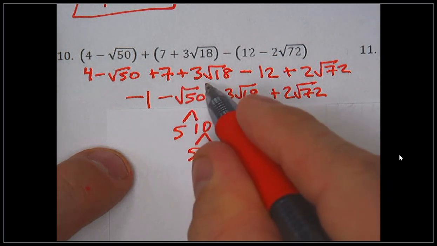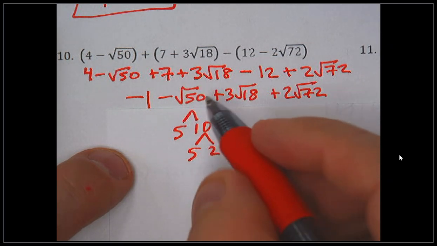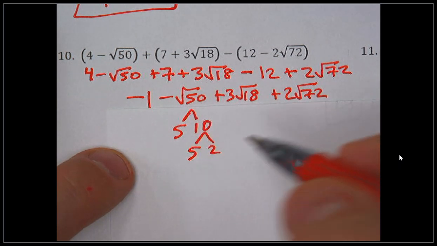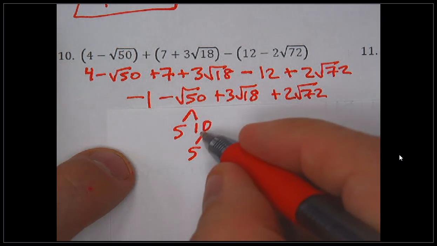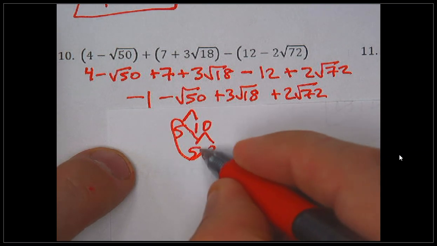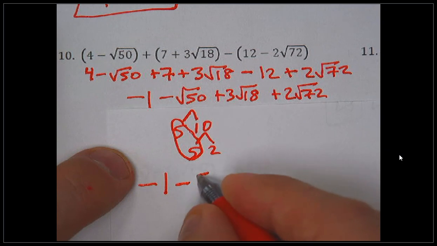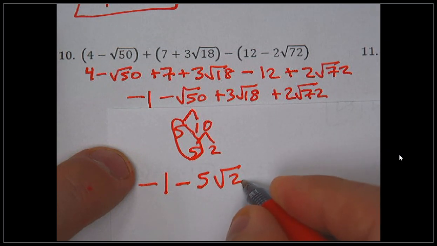Because this is a square root, I can extract anything from the square root if I have a group of some numbers. And here I have a group of 5s, so I can extract a 5. That would give me negative 1 minus 5 times the square root of 2.